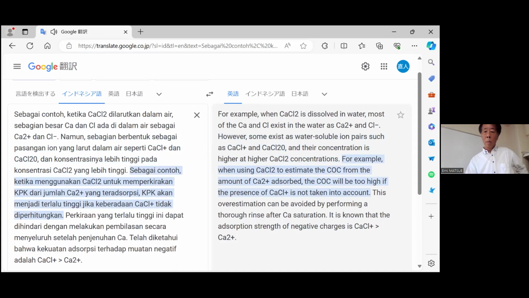This overestimation can be avoided by performing a thorough rinse after Ca saturation. It is known that the adsorption strength on negative charges is CaCl+ greater than Ca2+. Sorry, not COC, but CEC, cation exchange capacity.